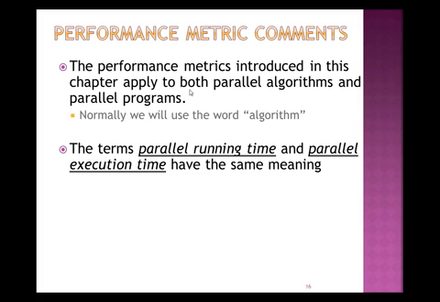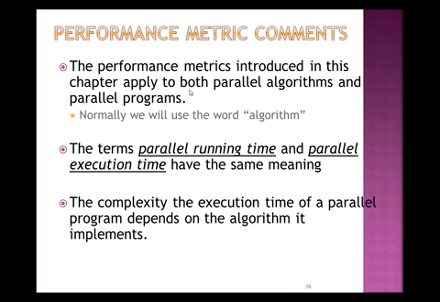Either I can say algorithm or I can say program. The terms parallel running time and parallel execution time have the same meaning. That is, parallelly executing the program, parallelly running the program. It is one and the same thing used in the CPU and in computers.